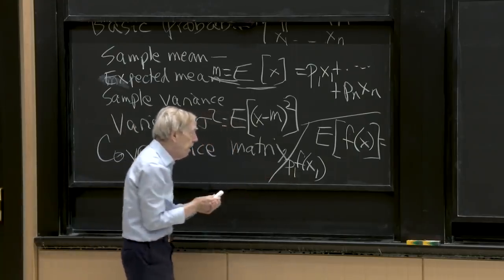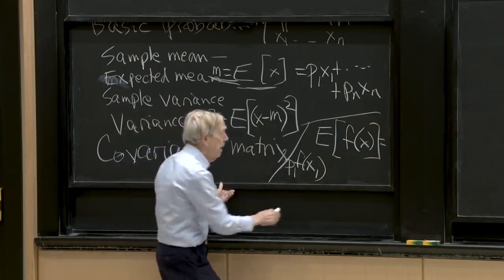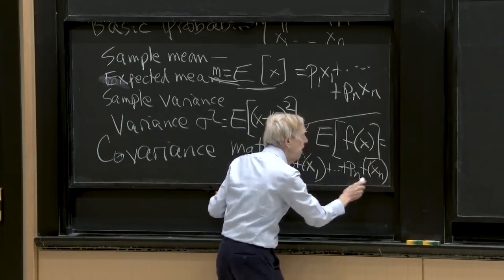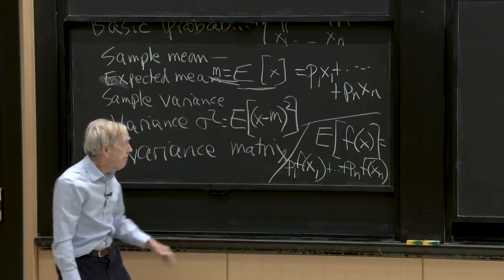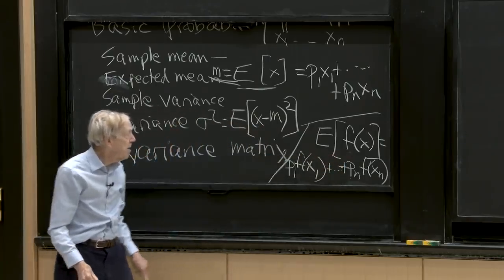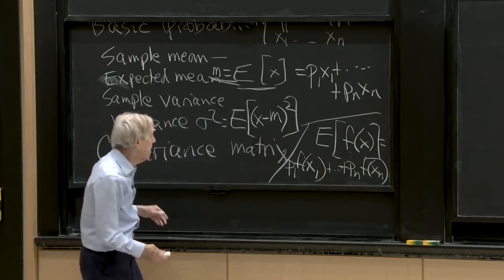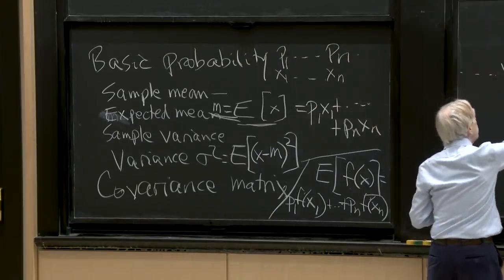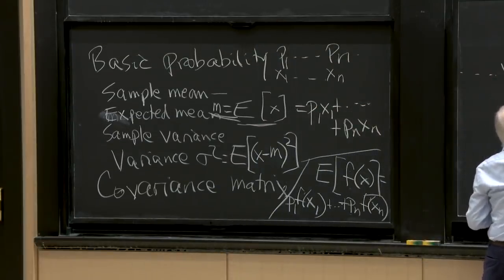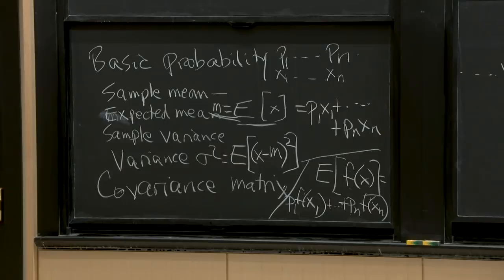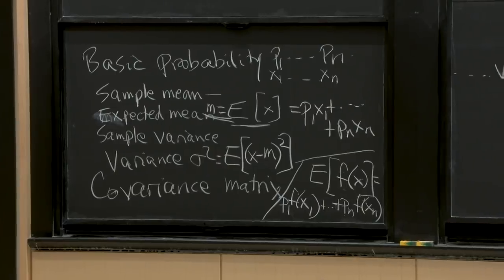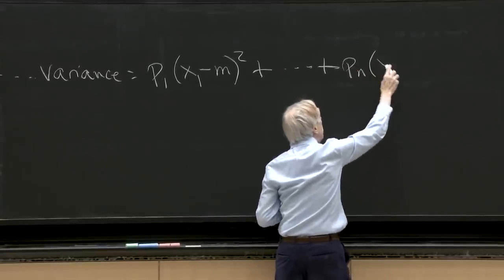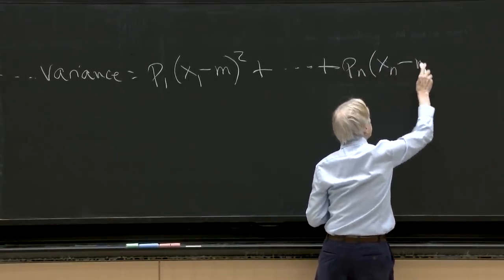This is the contribution from the x1 possibility, and now we include them all, up to f of xn with probability pn. And if that f of x is x minus M squared, then we get what we expect for the variance. So it's the sum: the first probability times the first output minus the mean squared, up to the last probability times that last output, xn minus M squared.